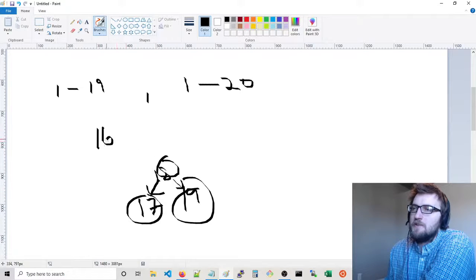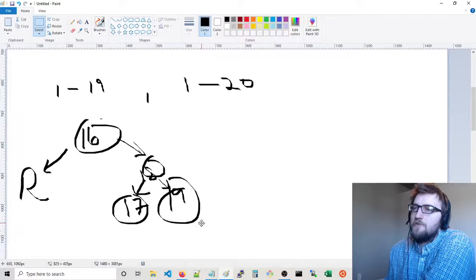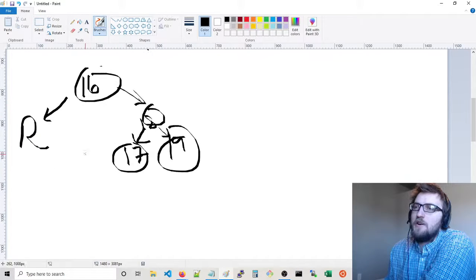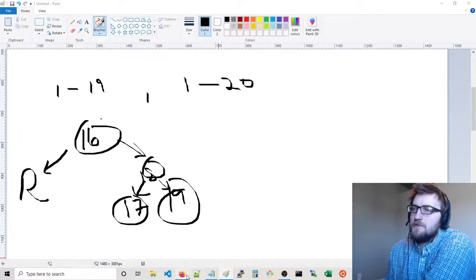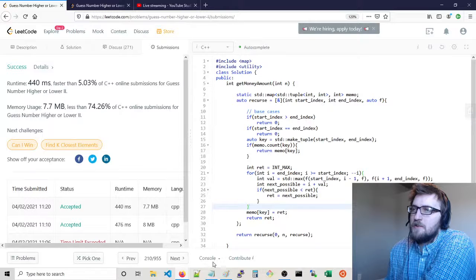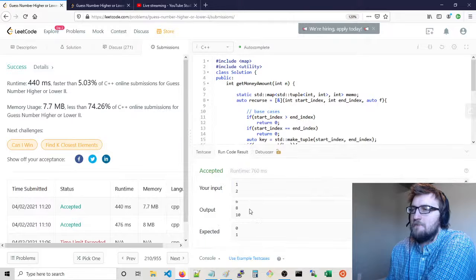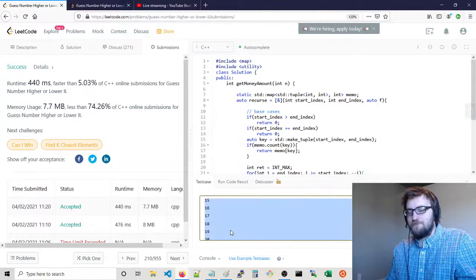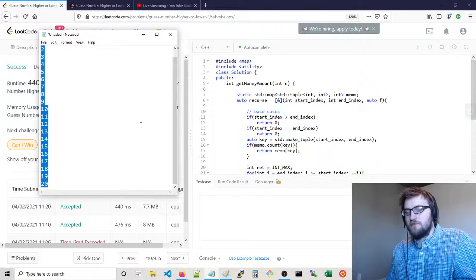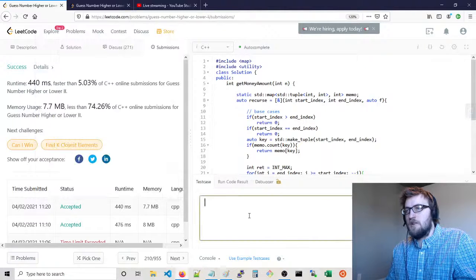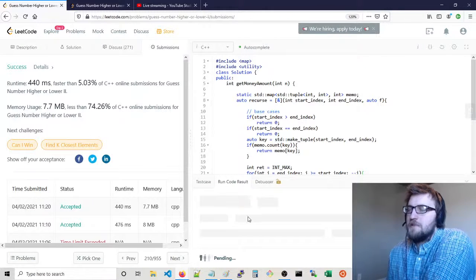And then 16 would go here, and then everything to the left would be the recursive case you don't worry about. And your values would be, I think 15 was 15 here? Yeah, we do 15. Well, all right. What is the number for 15?